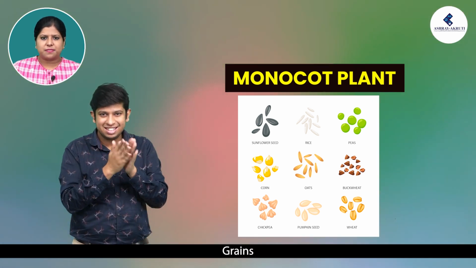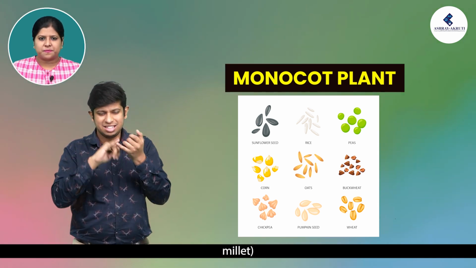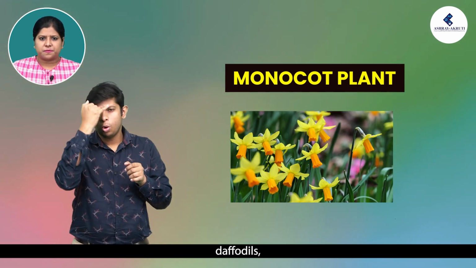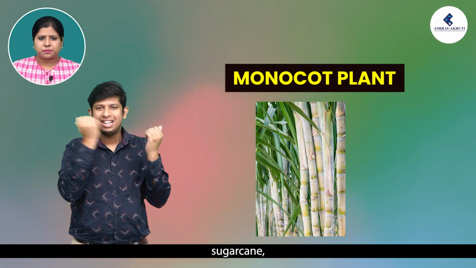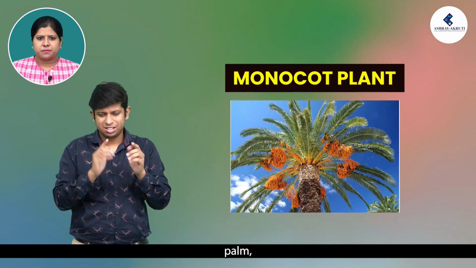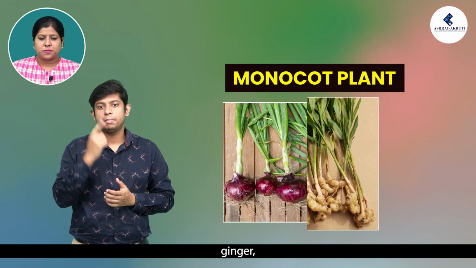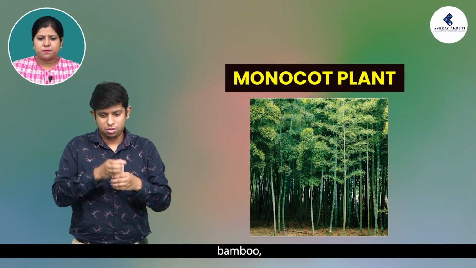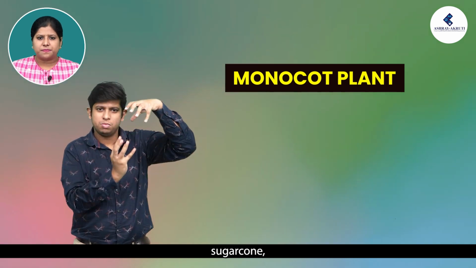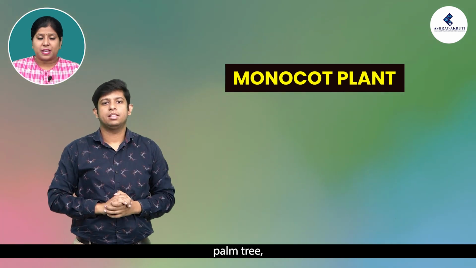Examples: grains, wheat, corn, rice, millet, lilies, daffodils, sugarcane, banana, palm, ginger, onions, bamboo, sugar corn, palm tree and grass.